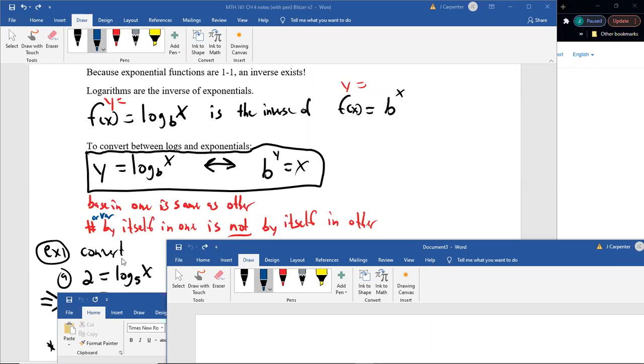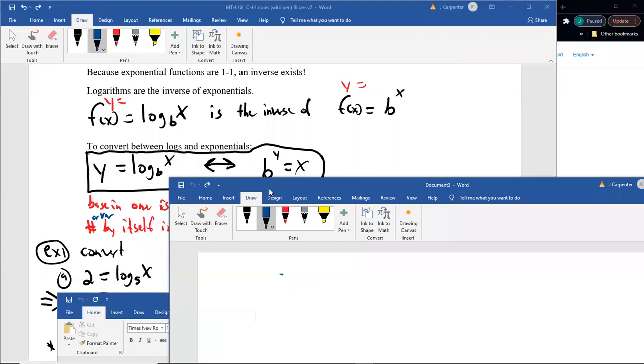All right, so again, let's focus on the actual aspect of converting. The base in one is the same as the other. So the base between the 2, the 5, and the x is the 5. So the base of the log is the base of the exponential. So it should be 5 raised to something. And then the thing by itself in one form is not the thing by itself in the other form. The 2 is by itself in this form, which means that 2 cannot be by itself again.